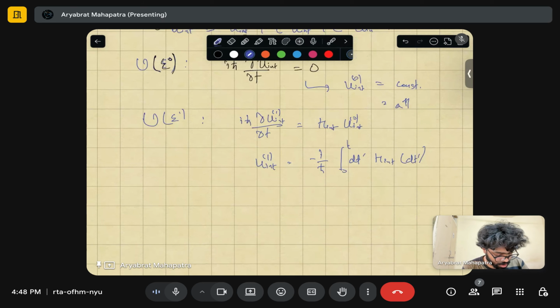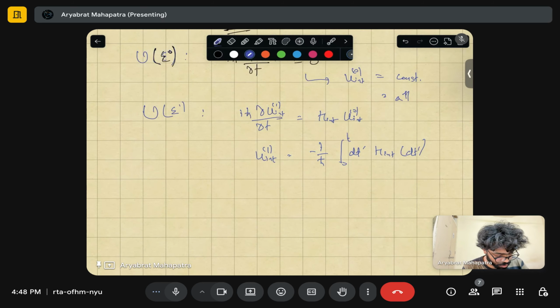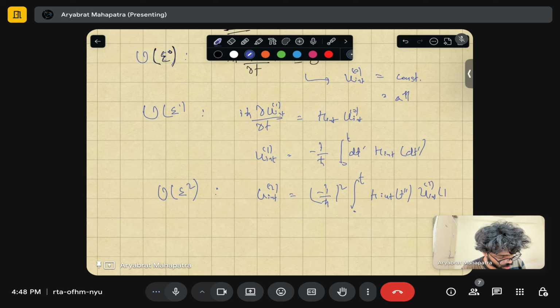Then if you go on to solve this order by order, from the second order in epsilon, u int 2 will give you i over h bar square, integral from 0 to t of H int of t prime, u int 1 of t double prime, dt double prime.